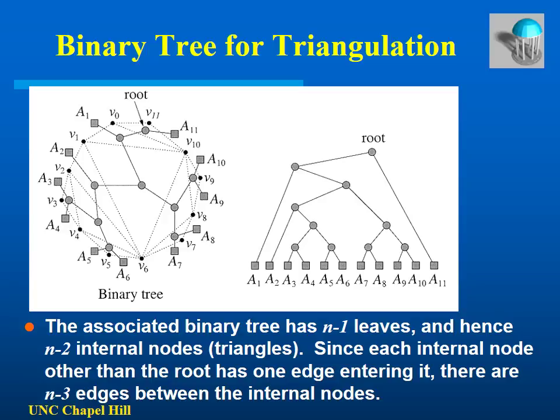We keep repeating this process as we go down the tree, and what we see is that we end up with a binary tree whose leaves are a sub 1 through a sub 11. That is to say, this binary tree has n minus 1 leaves.